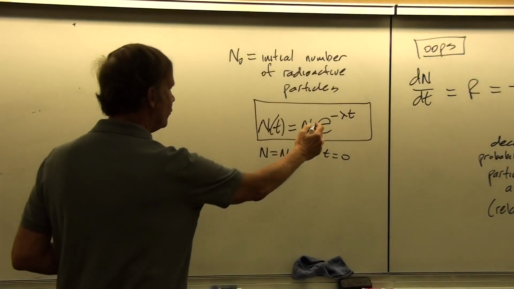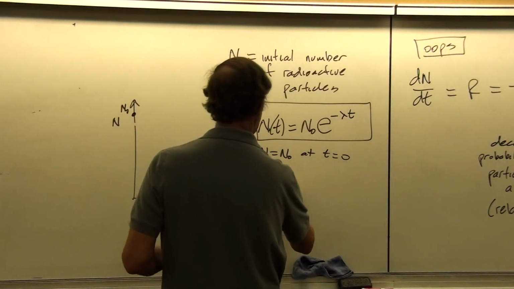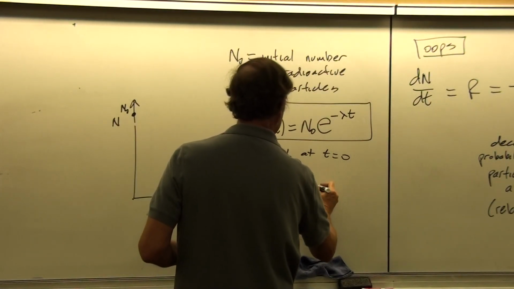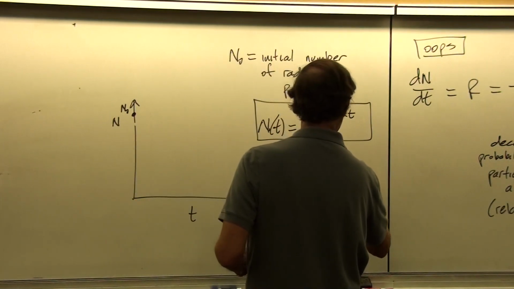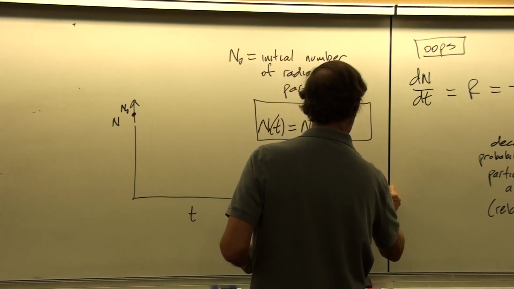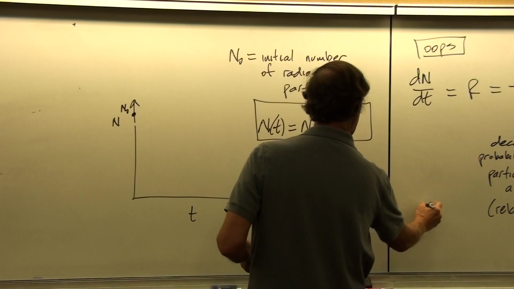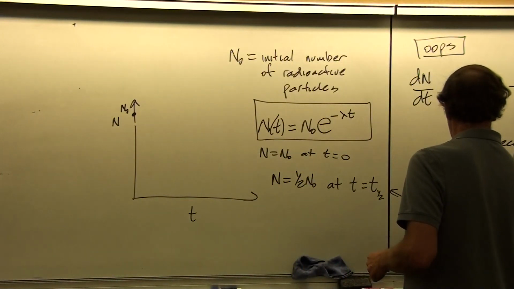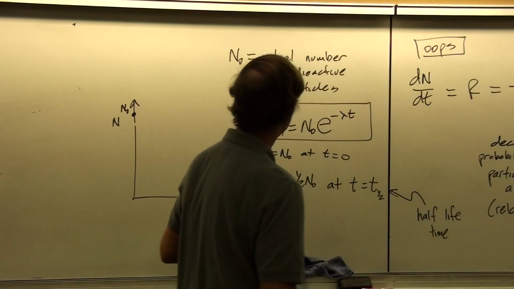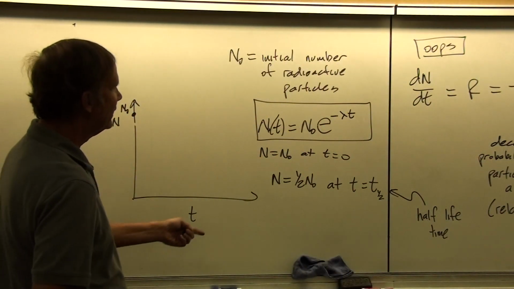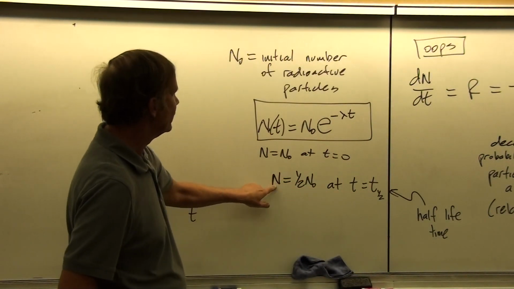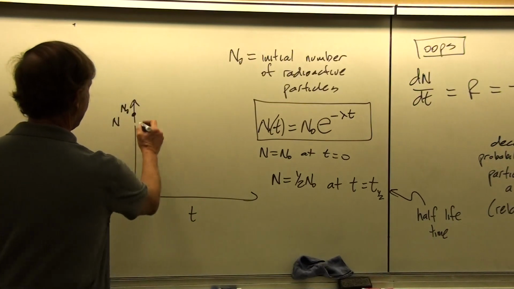But then after one half-life time period, N equals 1/2 N naught at t equals t half-life. Because we just looked at the definition for a half-life. That's the amount of time that it takes for the particle sample to be cut in half.